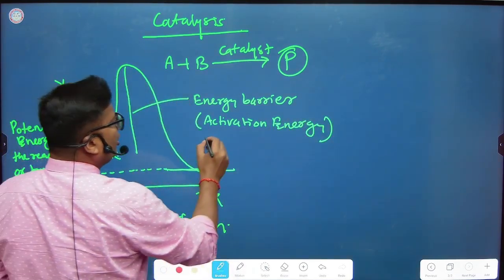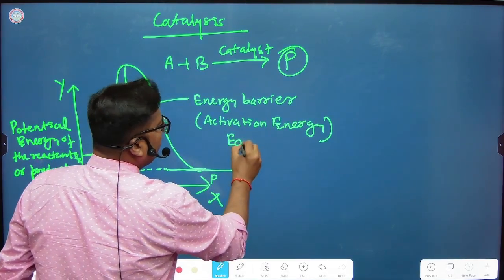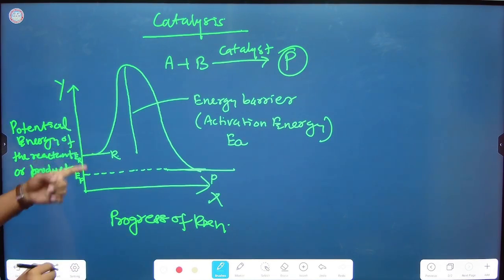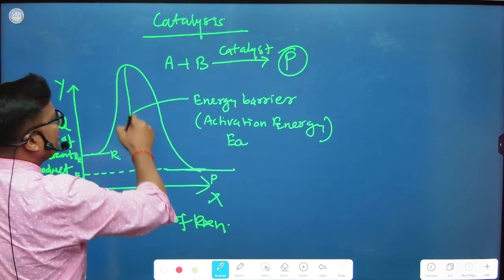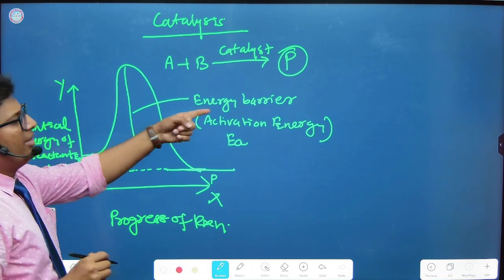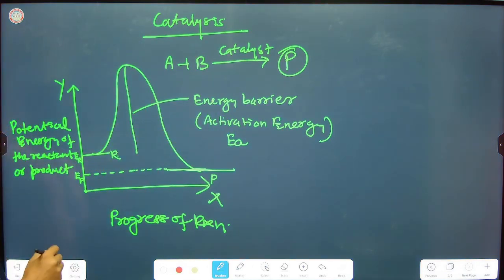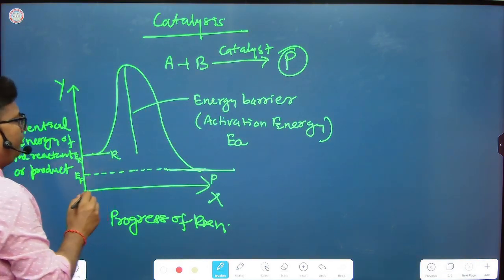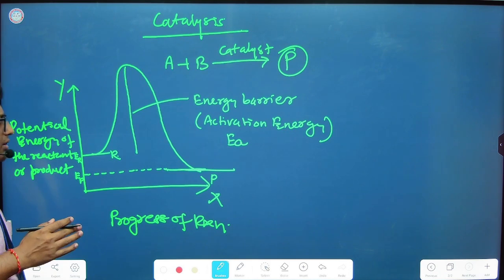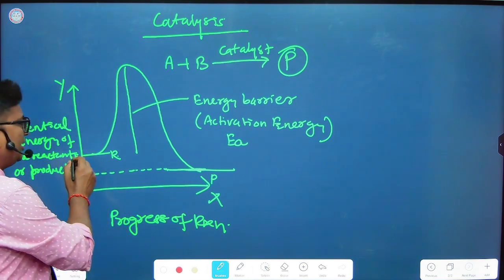And which is denoted as EA, right? Now, if this height is very large, it means the energy barrier is very high. Suppose we have the reactant molecules having energy ER.